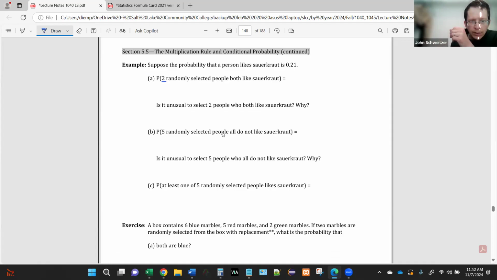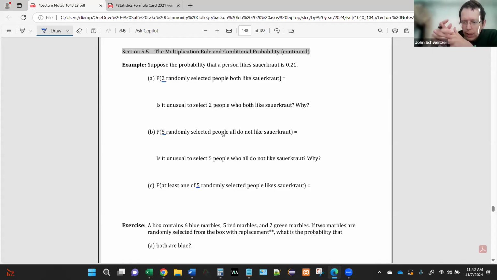So let's think about samples. Let's do some small samples. We'll start small to make the math easy, and then once you understand the basics of the math, you can ramp it up to much larger samples very quickly and easily. So we'll start with a small sample of 2, and then we'll look at another slightly larger sample of 5.